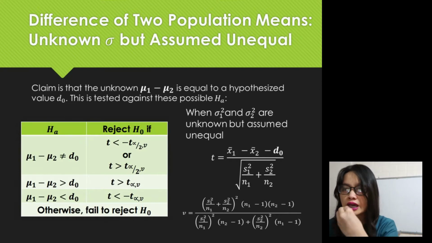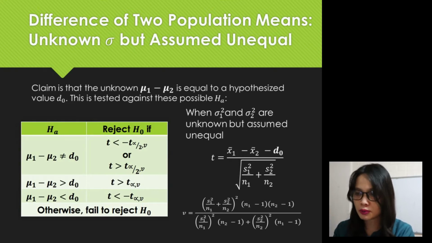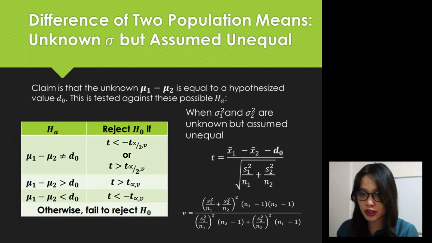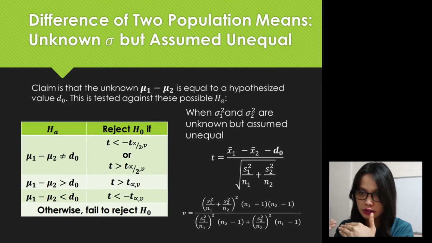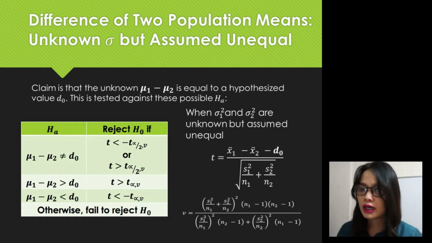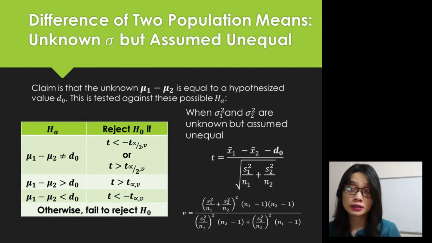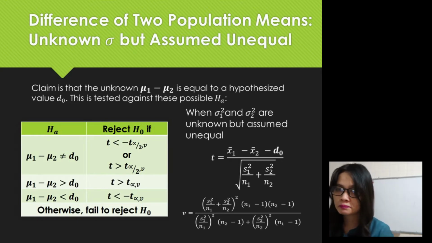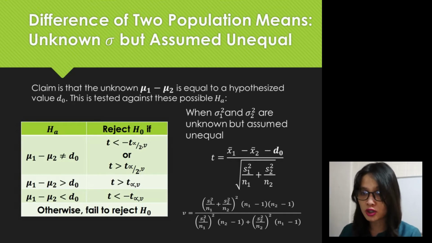When we say s squared sub 1, you're referring to the variance of the sample over the sample size, plus the second variance of the sample over the second sample size. And then v, you need that to determine your degrees of freedom.